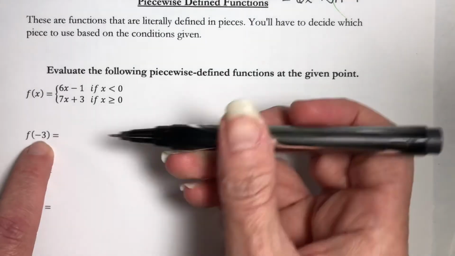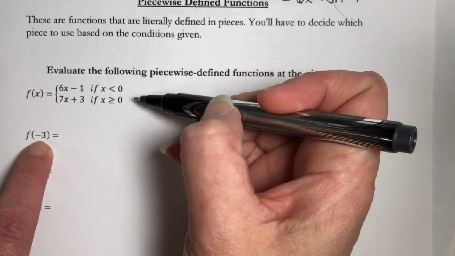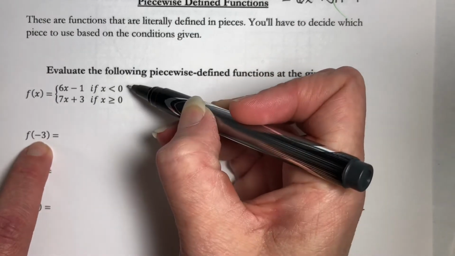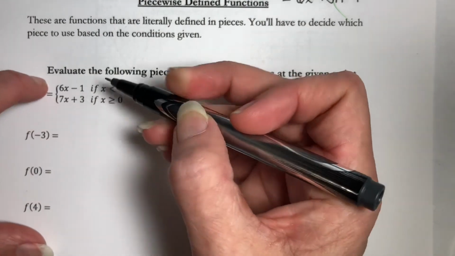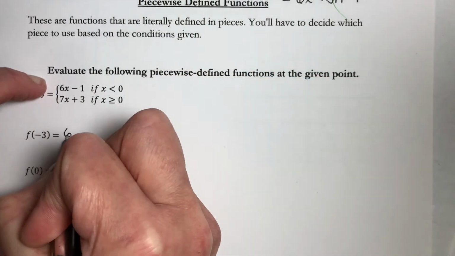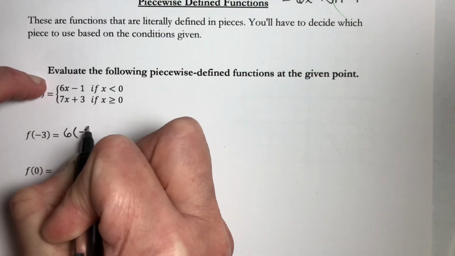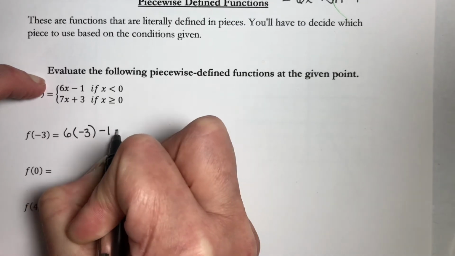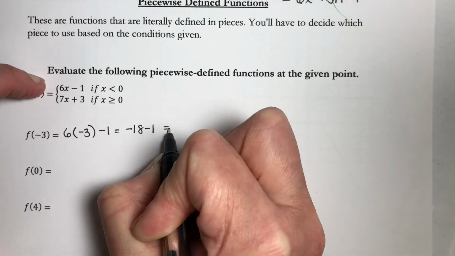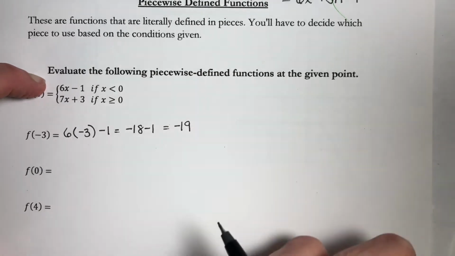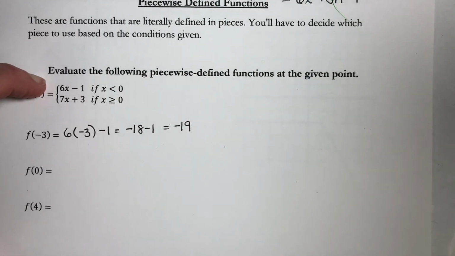Figure out which of these two conditions it belongs to. -3 is smaller than 0, so I'm going to be plugging in to this top one. So this is 6 times -3 minus 1, which is -18 minus 1. Your answer is -19.